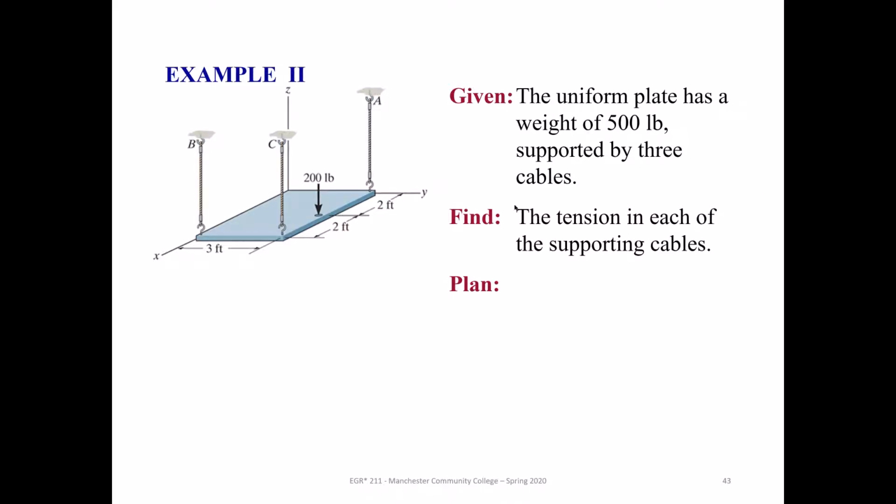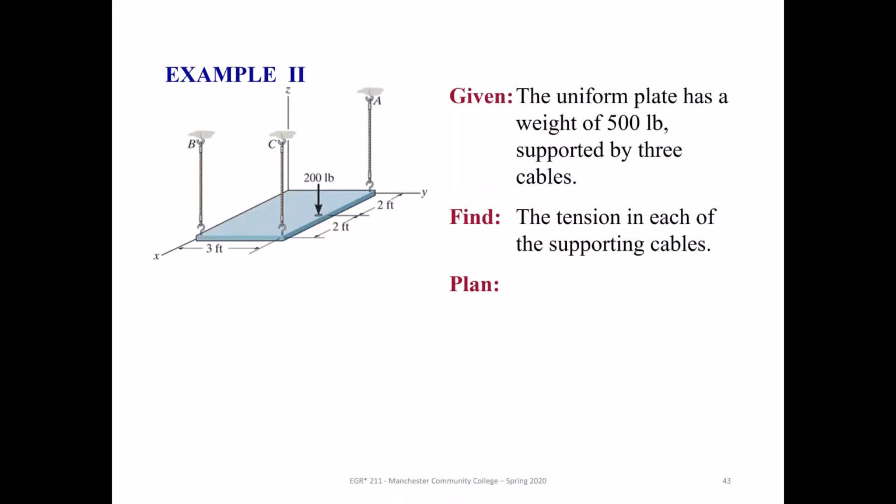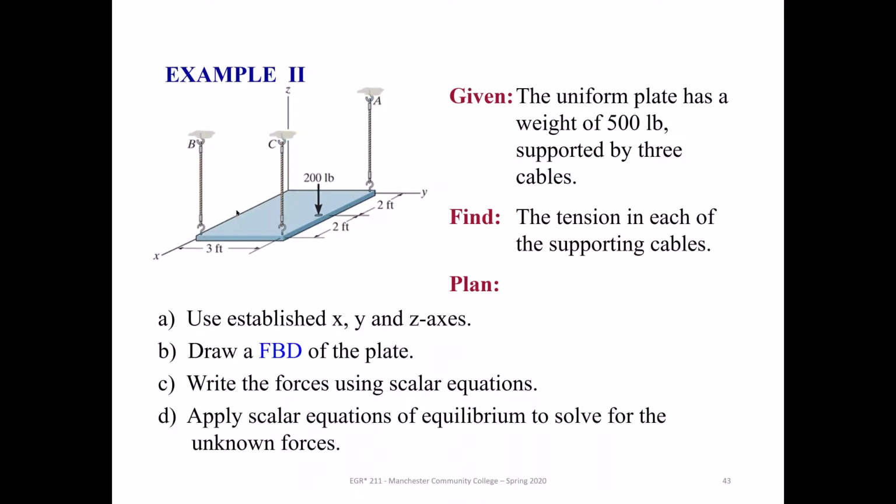Okay, here's another problem. The approach is going to be the same as what we previously did. You have your x, y, and z, and typically in this class we draw the z vertically and the y off to the right and left. Following the right-hand rule is fine as long as you follow it.